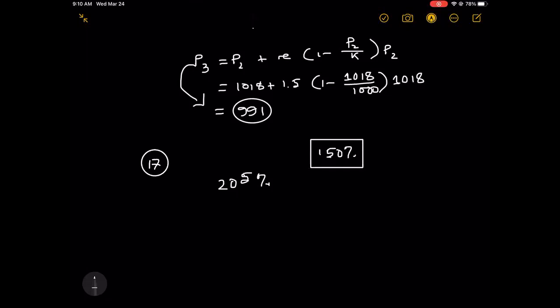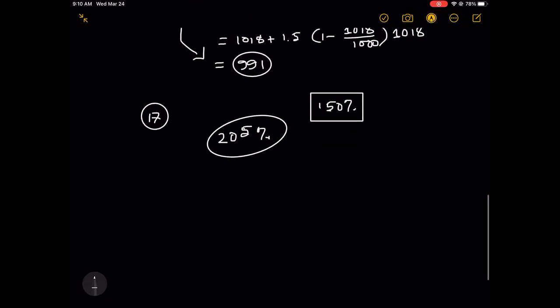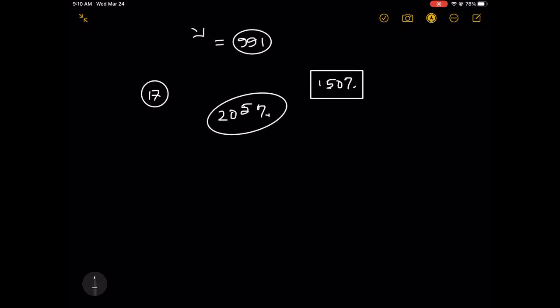So let's just see. If we have a growth rate of 205%, we want to see what happens. If we calculate the population P1, so P naught plus R times 1 minus P naught over K times P naught, and the initial population is again 600.